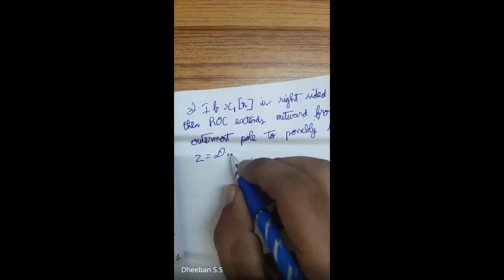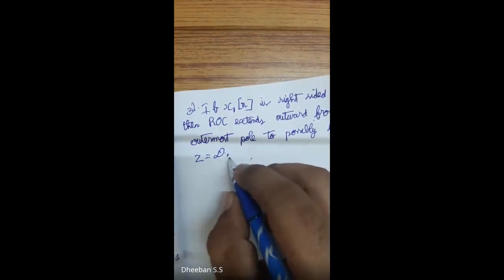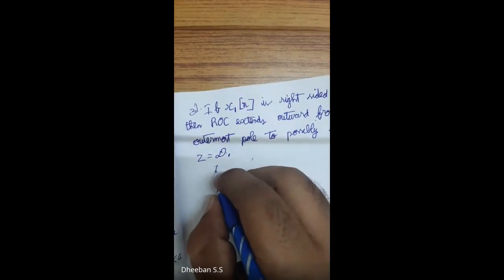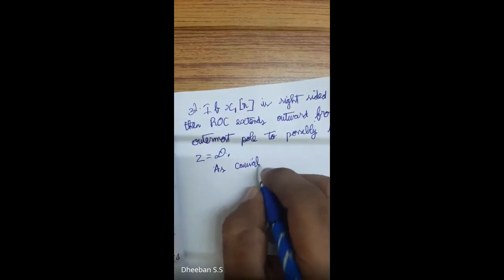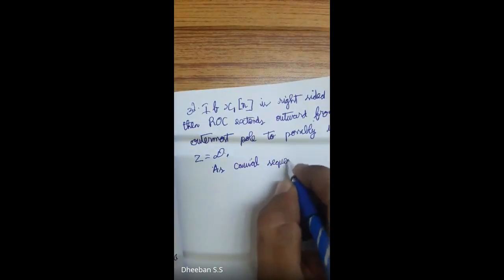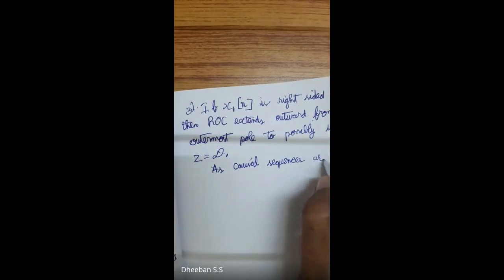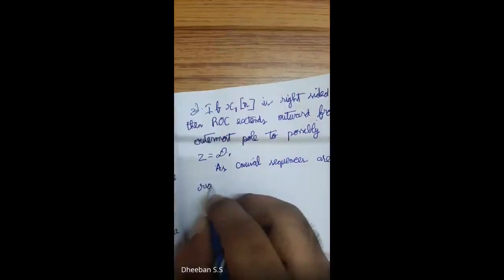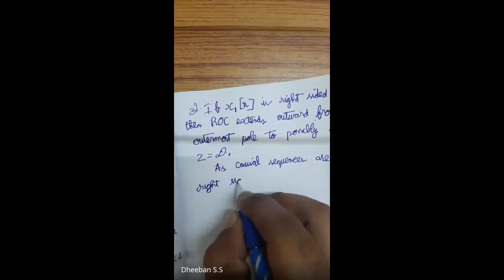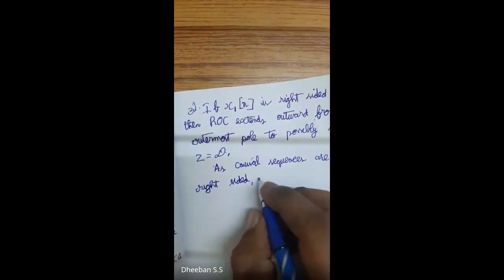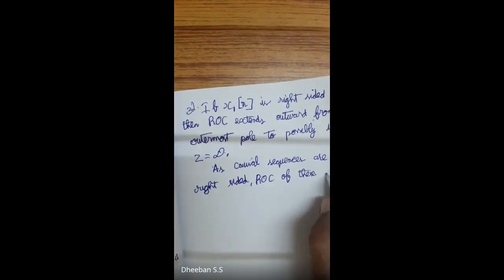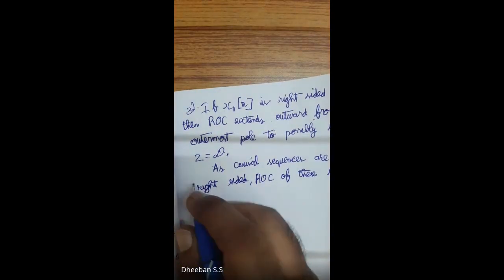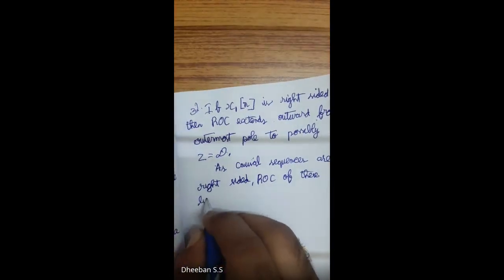So this you can see as the causal sequences are right-sided. The ROC of this sequence lies outside the circle.